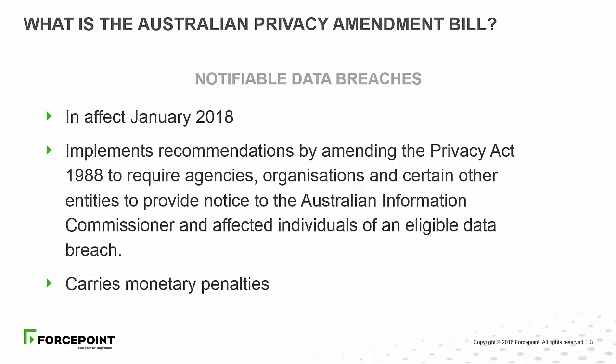And if we don't do this, it's going to carry a monetary penalty. It's going to be up to $2 million for Australian businesses if this happens, or up to $400,000, sorry, for the individual themselves. So it's a pretty heavy individual penalty for the person that is responsible for the safe housing of this information.